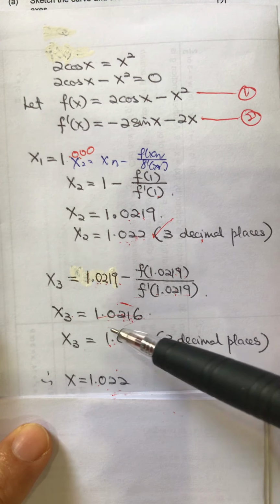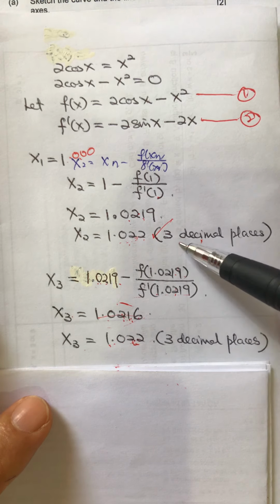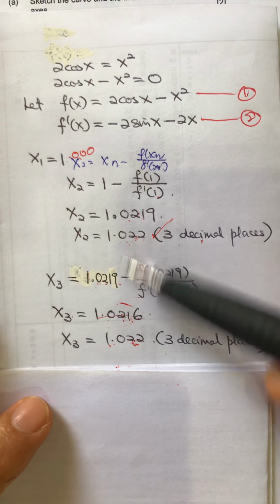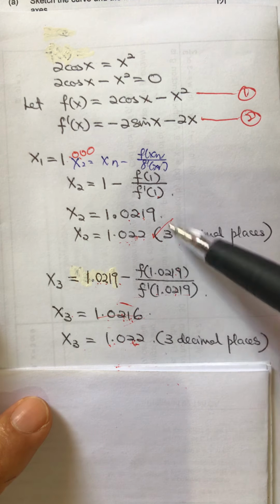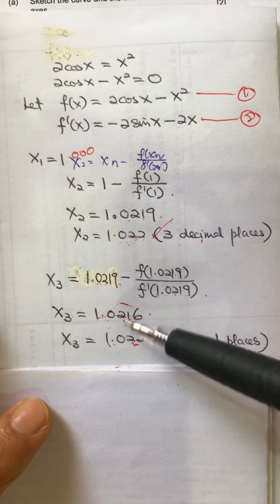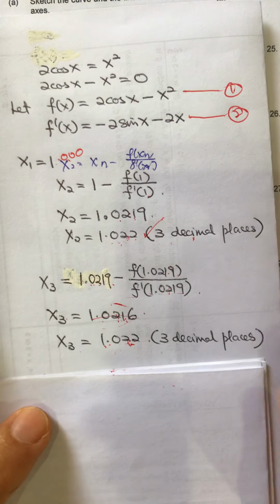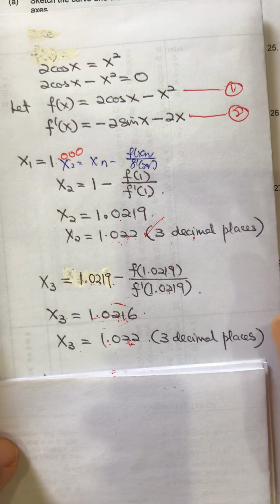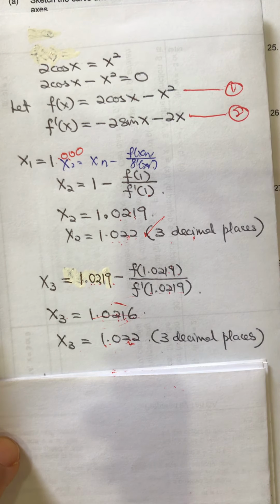But because we are asked for 3 decimal places, we stop here. And this is how the question asks us to stop. Okay, the question says every time you round to 3 decimal places, if the 3 decimal places are the same, then you stop. Okay, after this, the following one I will show you where the question never tells you when to stop, and I will explain to you when to stop.